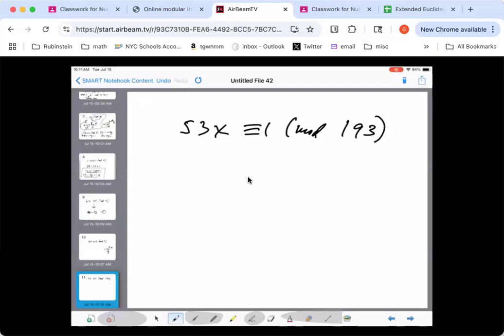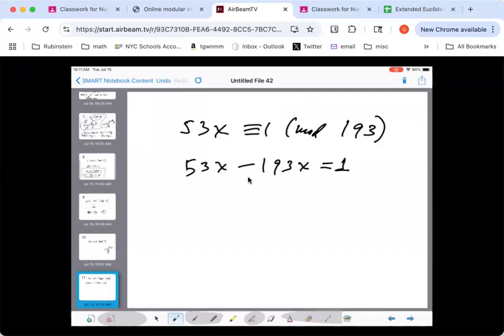So check out a really hard question, which is this: 53x is congruent to 1 mod 193. That's a very hard question. But if I convert it into this question, well, it's still pretty annoying.